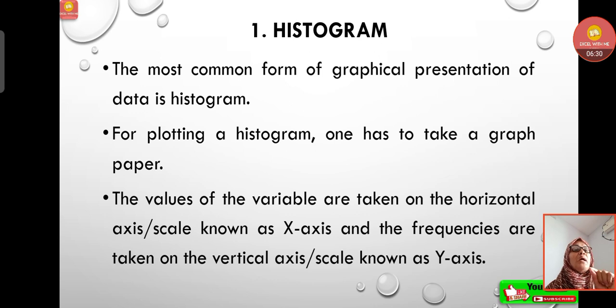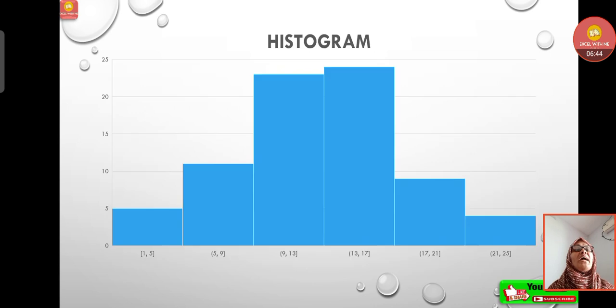For plotting a histogram, one has to take a graph paper. Obviously, the values of the variable are taken on the horizontal axis, the scale known as the x-axis, and the frequencies are taken on the vertical axis, the scale known as the y-axis. You can see here the histogram, x-axis and y-axis.